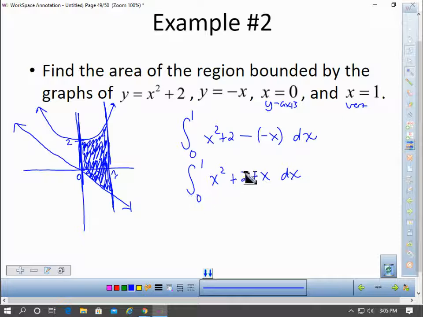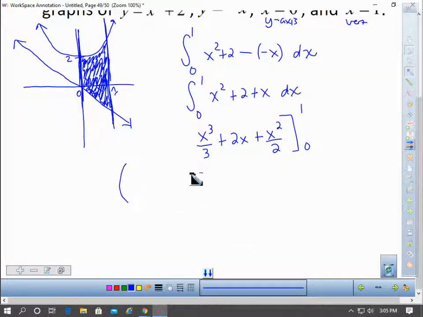Alrighty, so now we do the antiderivative. So x cubed over 3 plus 2x plus x squared over 2. I don't need the plus c. I'm going to evaluate from 0 to 1. So now I'm going to do the fundamental theorem of calculus. All right, so I'm going to put a 1 in.